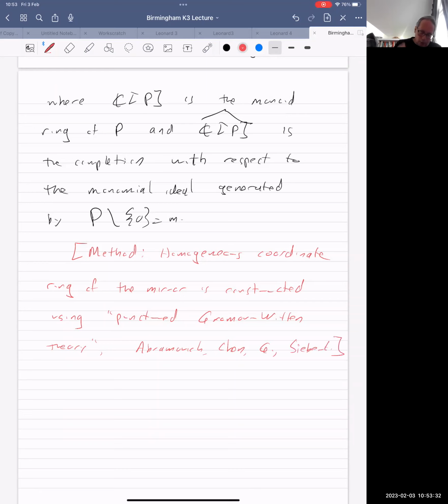So, when Robert asked whether there was a enumerative interpretation, in fact, the product structure on this ring is given by some punctured Gromov-Witten invariants.